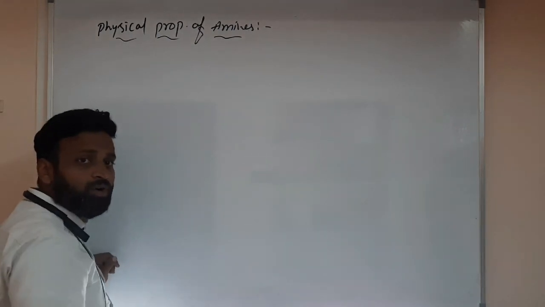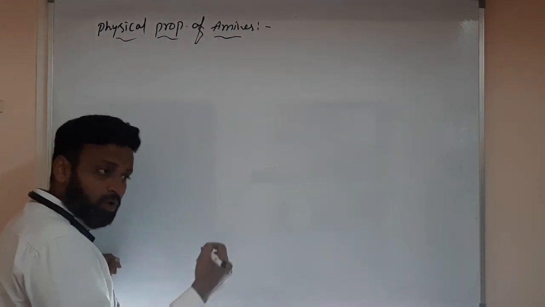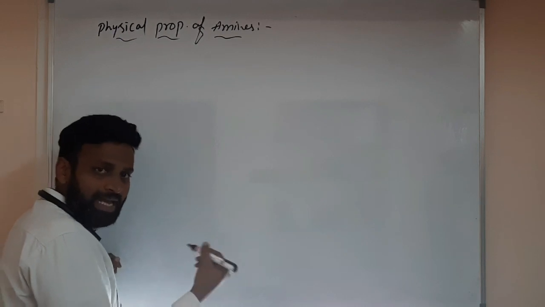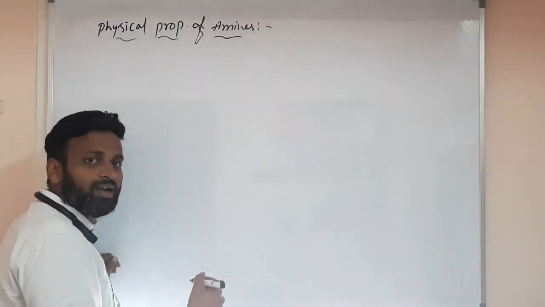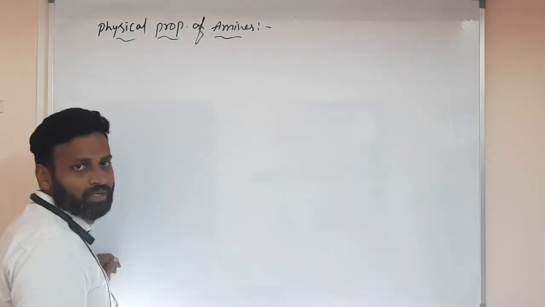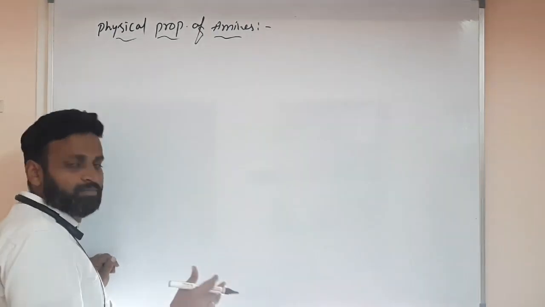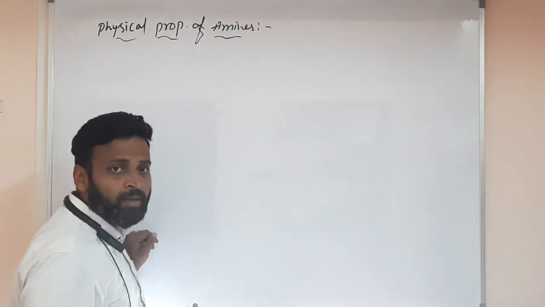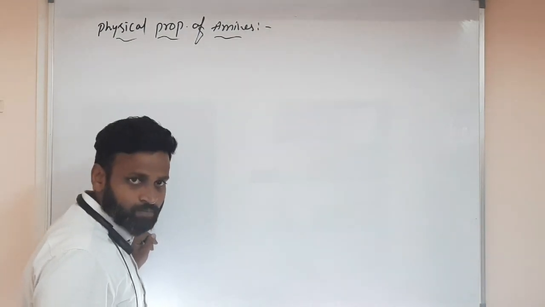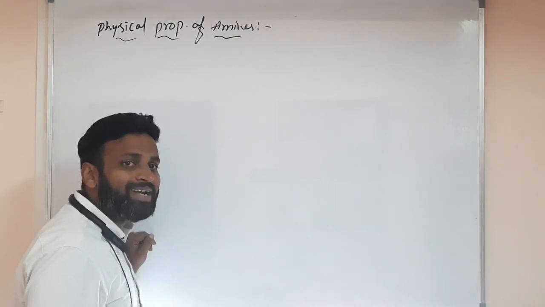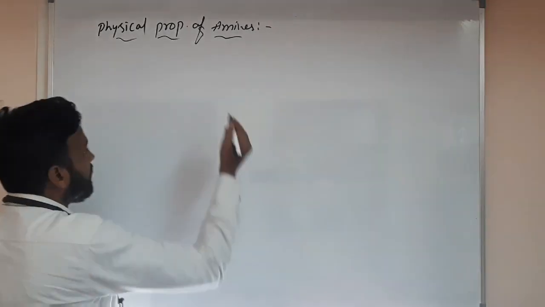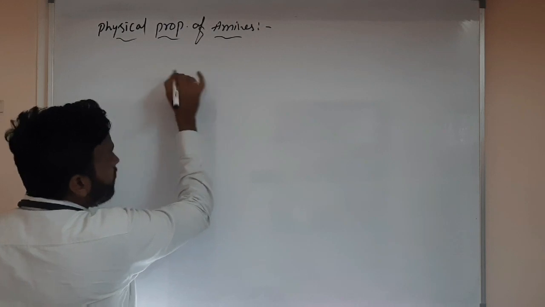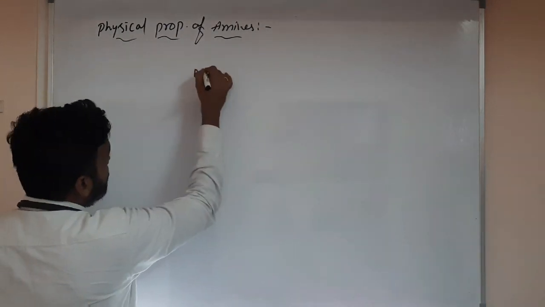With water they also form hydrogen bonds, and amines with a smaller number of carbons have intermolecular hydrogen bonding. So they have some extra intermolecular attractive forces, like ammonia. Ammonia has hydrogen bonding.